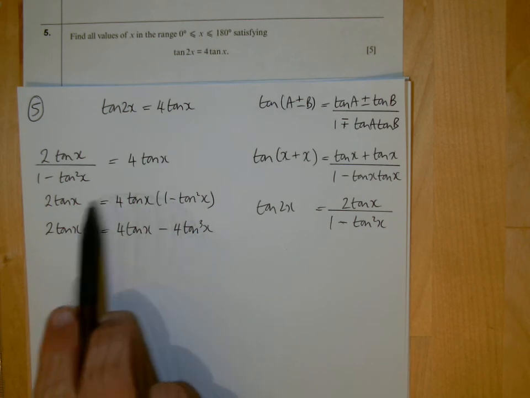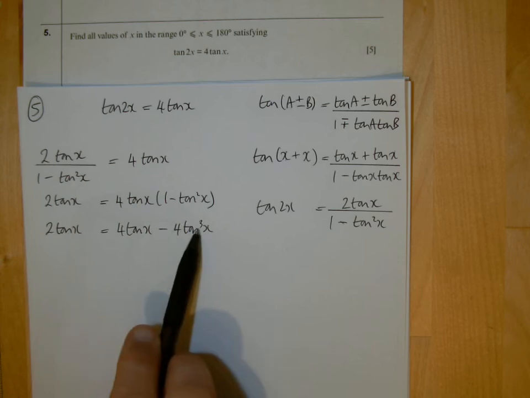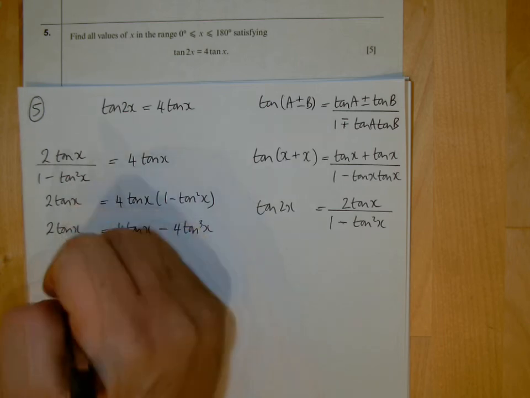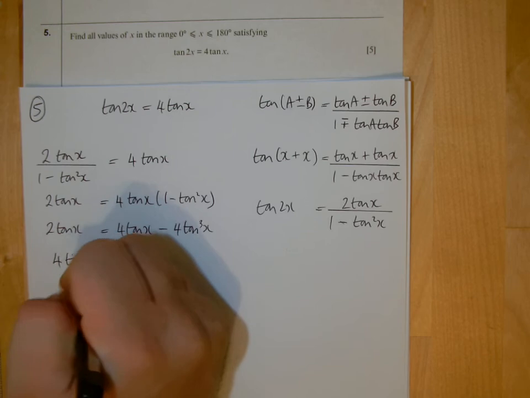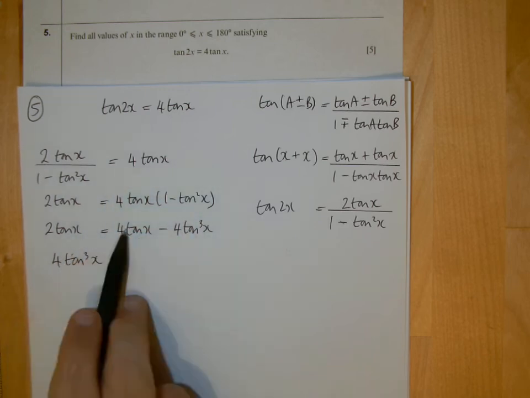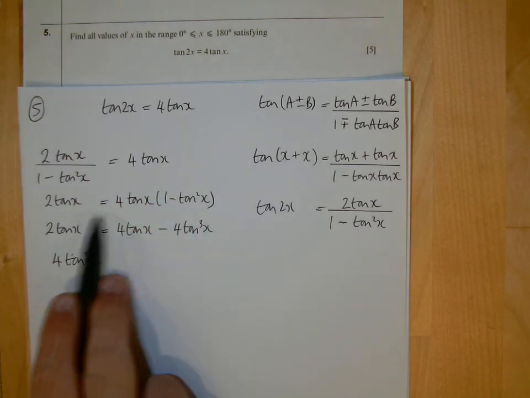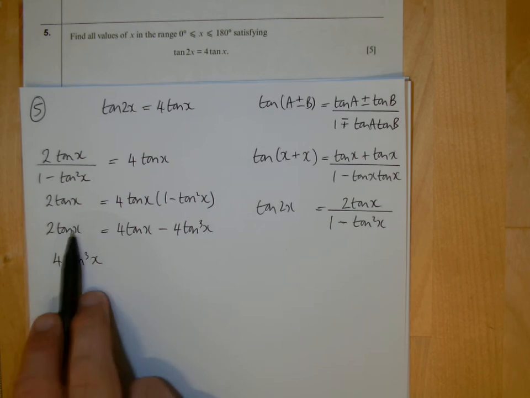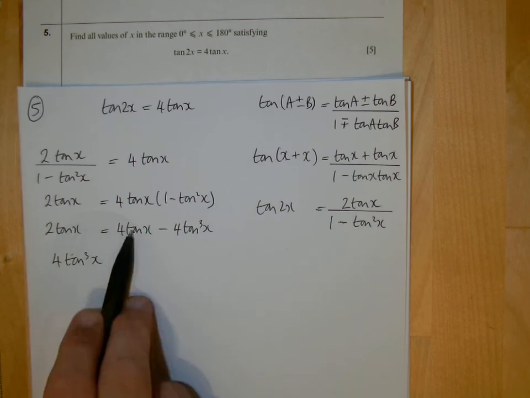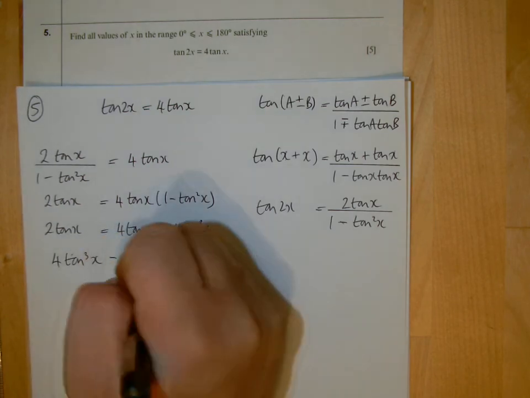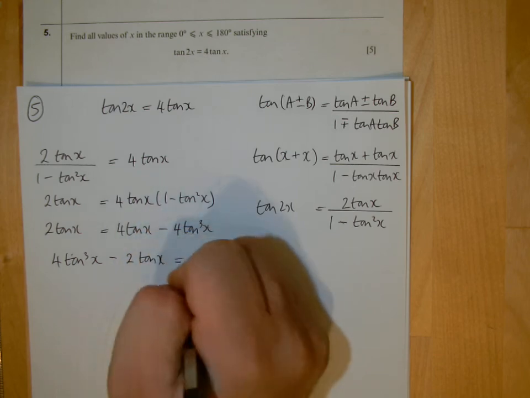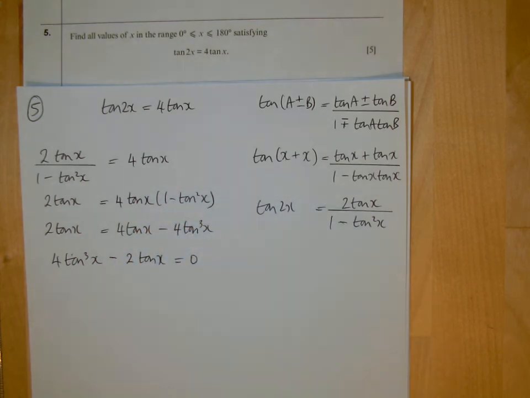Let's take that over to the left hand side, so minus 4 tan cubed x, let's take it over, so we get positive 4 tan cubed x. Let's also take this over, so it'll be 2 tan x take away the 4 tan x, so that's minus 2 tan x, and that equals 0.